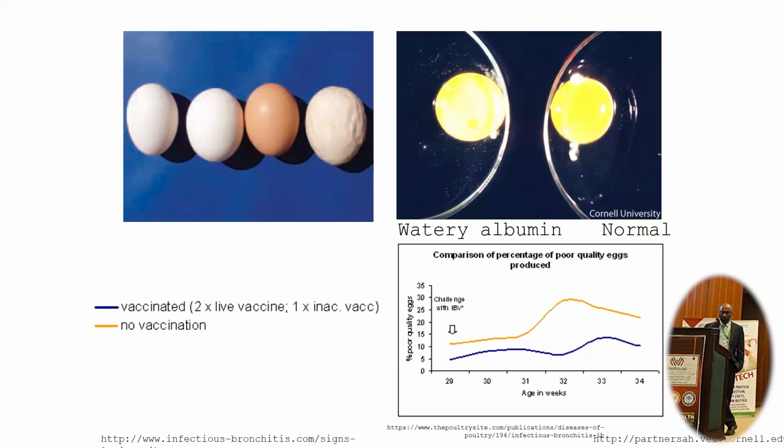In general, avian coronavirus induces egg quality issues. You can see that the eggshell can be discolored. There can be wrinkles. And if you crack an egg from an IBV infected bird, you can see that the albumen is thinner, watery.